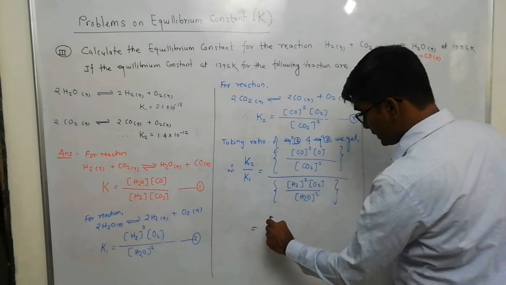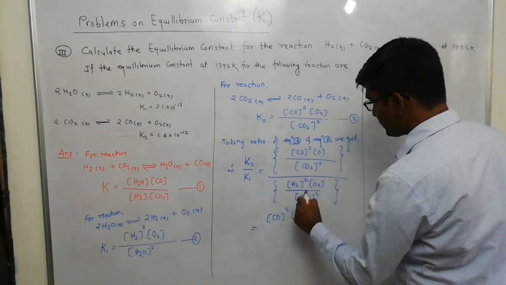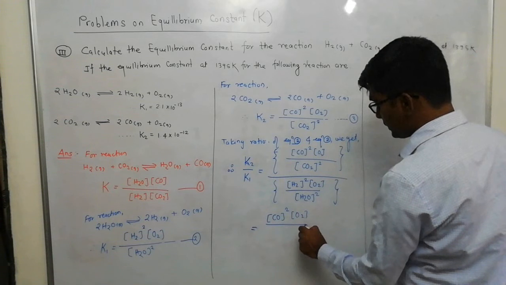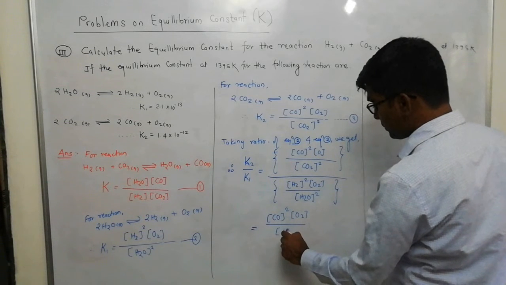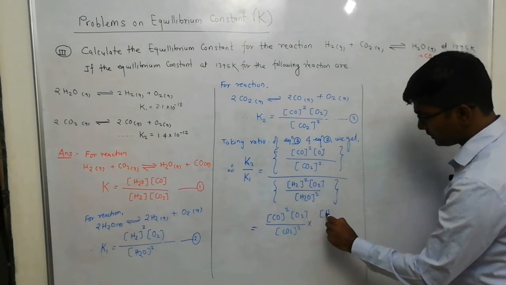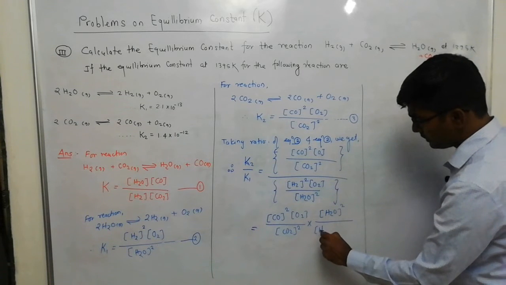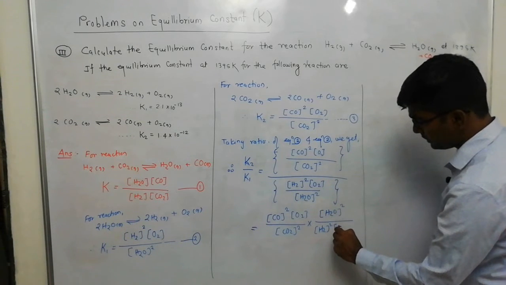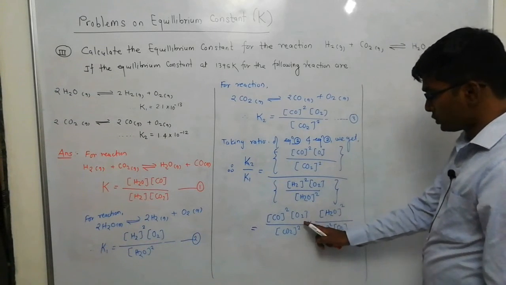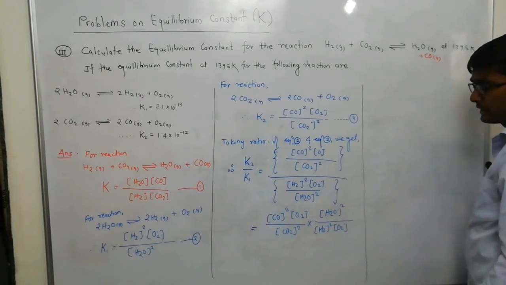So let us simplify this. It will be concentration of CO square into O2 divided by concentration of CO2 square, into H2O square divided by H2 square into O2. This O2 is a common term, it will go out. So let us write down the remaining term.